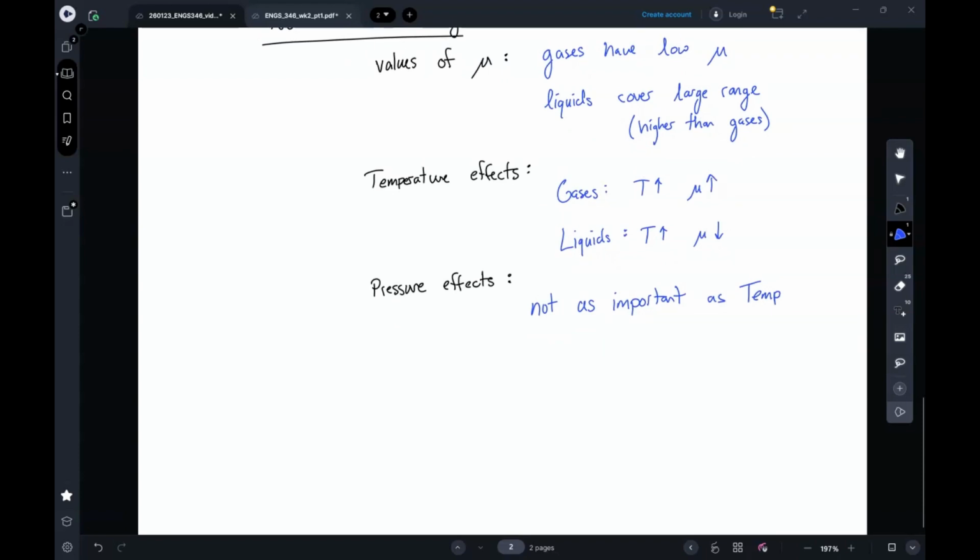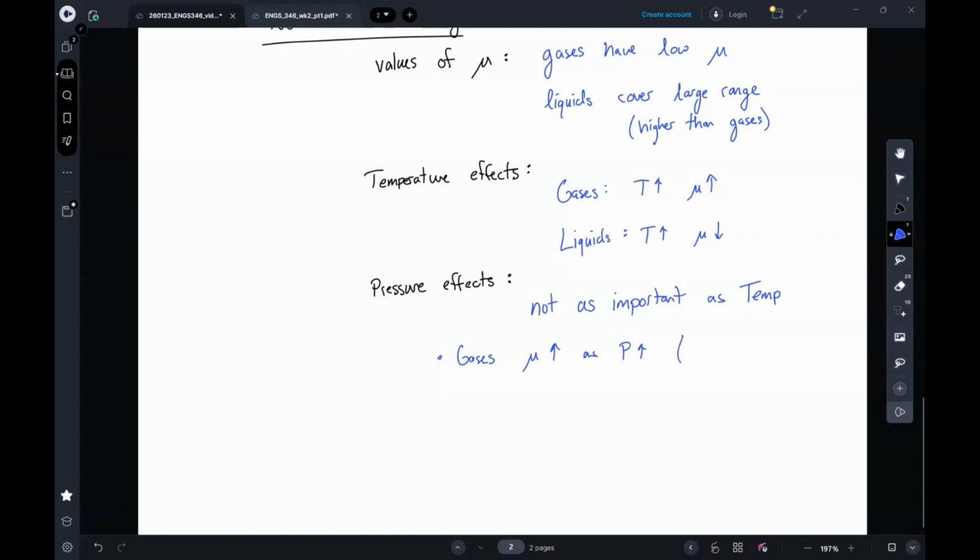For gases, viscosity increases as pressure increases, but really you have to be seeing deviations from ideal gas pretty significantly before this starts to become a major effect.